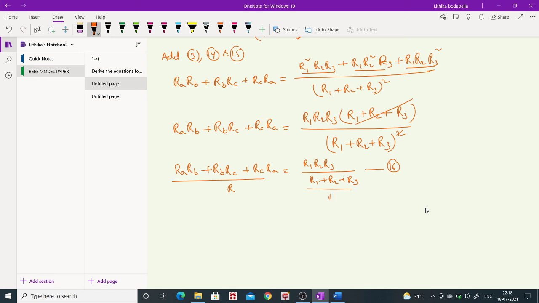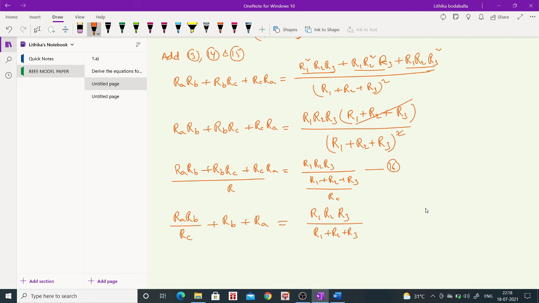If I divide with RC, what I am left with is RA RB by RC plus RB plus RA is equal to R1 R2 R3 divided by R1 plus R2 plus R3.